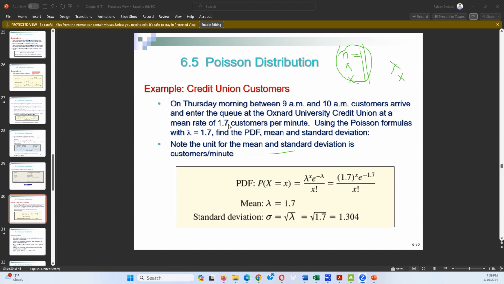Then you have to divide 100 customers by 60 to get the per-minute arrival, and then answer in the same unit. Always remember this, because I give some questions in meters and centimeters, different units. First you need to convert these numbers into the same unit as the question demands. Here minute is given.